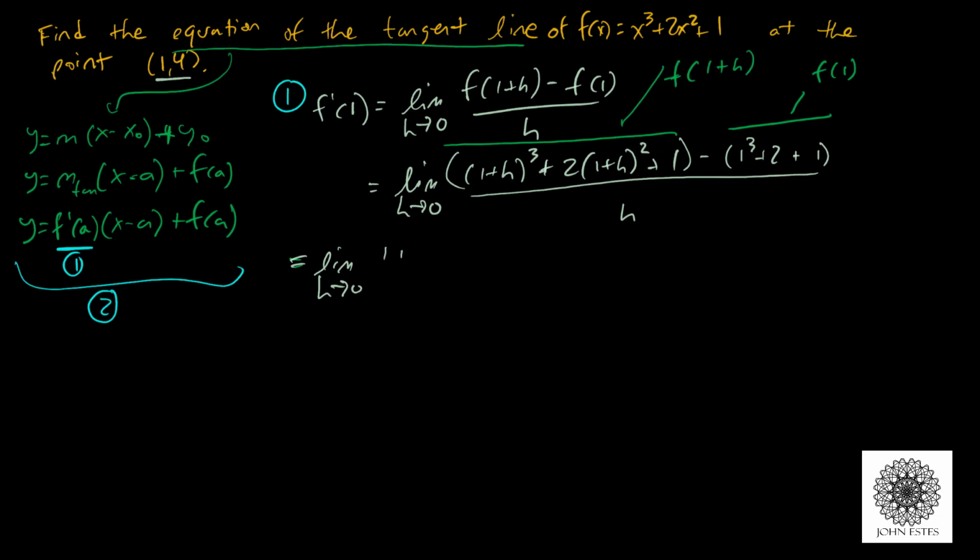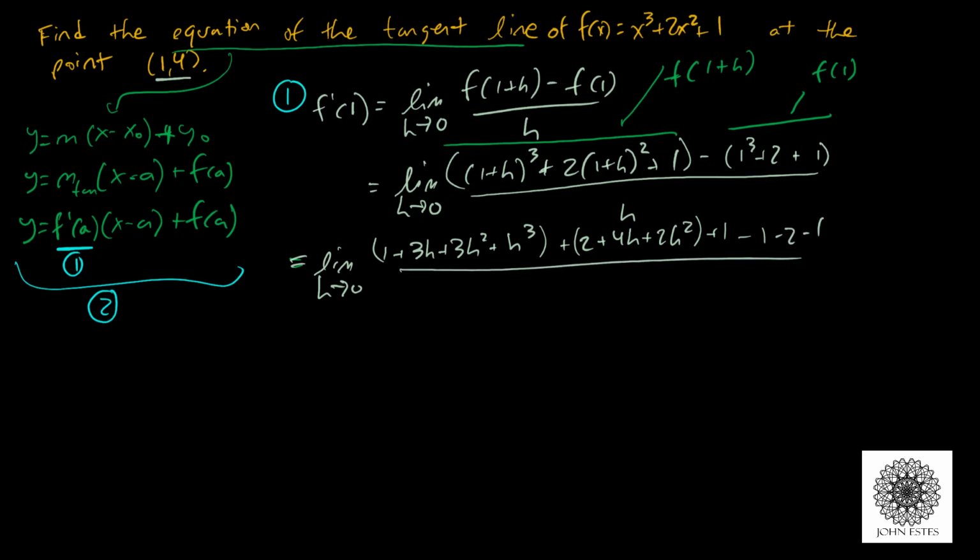It's going to be 1 plus 3h plus 3h squared plus h cubed. Okay, and then you have the 2 times 1 plus h. So that's going to look like 2 plus 2h. I have plus 1. And then here I have minus 1, minus 2, minus 1.